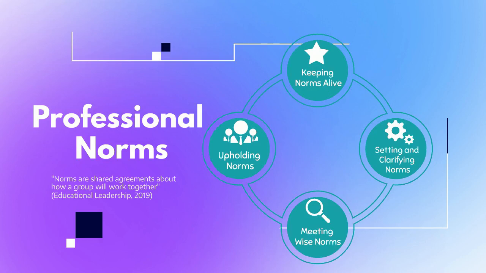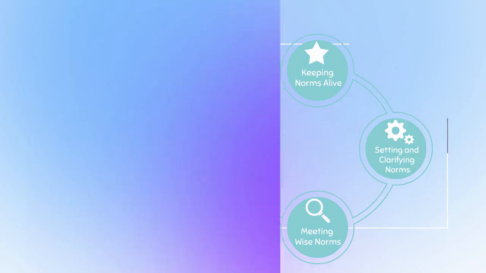Upholding the norms: reflecting and revisiting them before each meeting, and keeping the norms alive, reminding each other throughout the meeting if a norm is broken, or continuing to make the norms upfront when collaborating together.